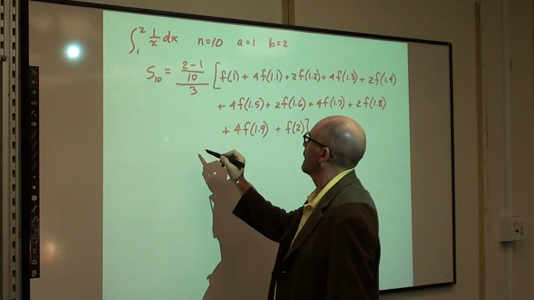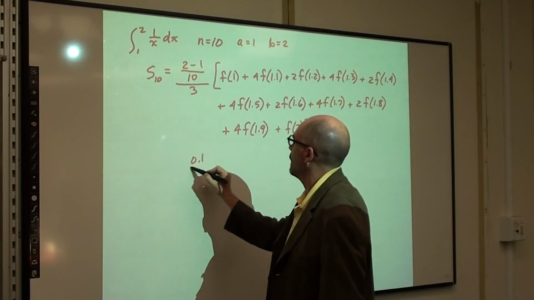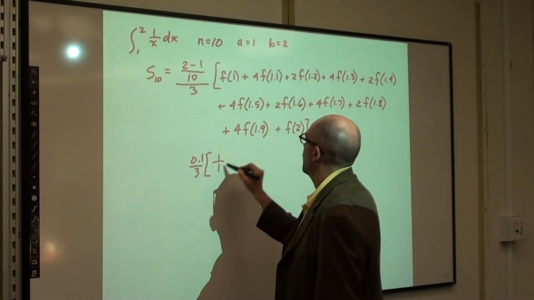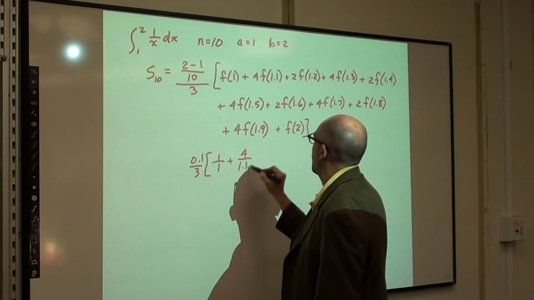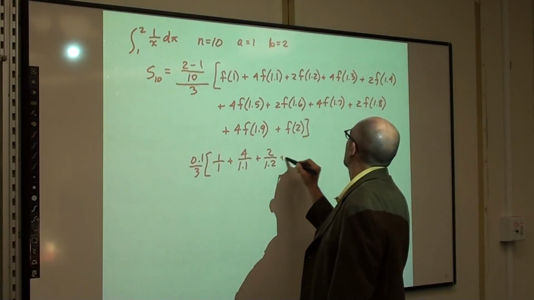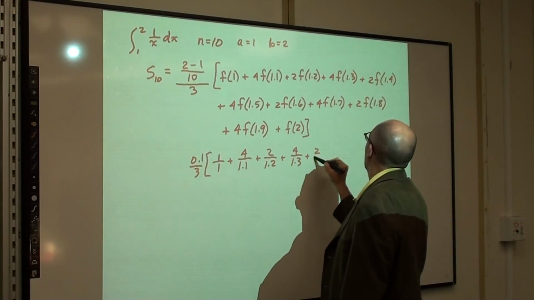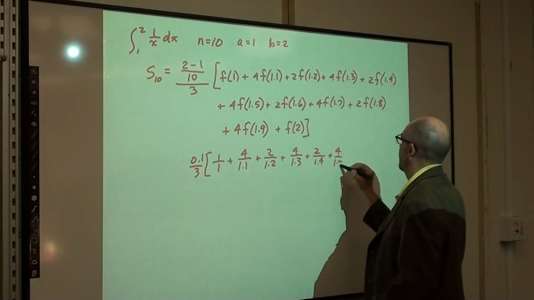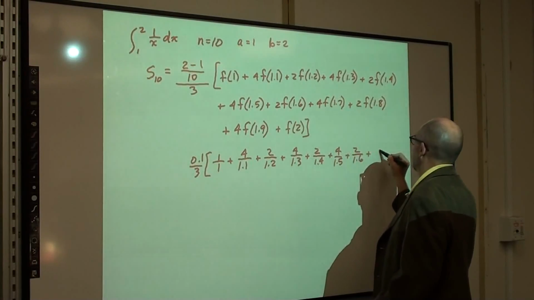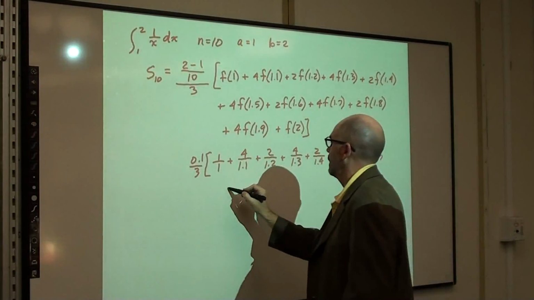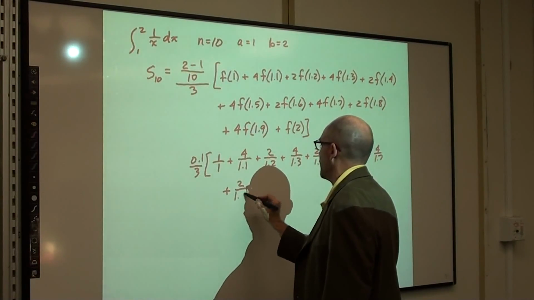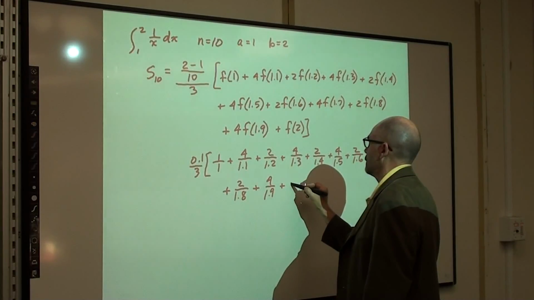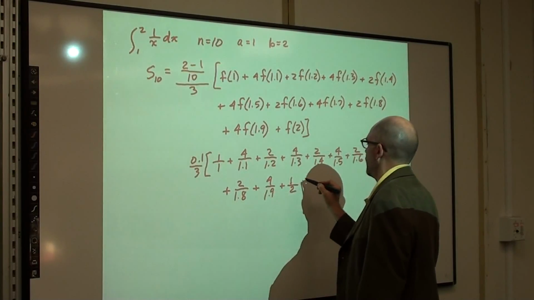So 0.1 over 3 times f of 1, so we've got 1 over 1 plus 4 over 1.1 plus 2 over 1.2 plus 4 over 1.3 plus 2 over 1.4 plus 4 over 1.5 plus 2 over 1.6 plus 4 over 1.7 plus 2 over 1.8 plus 4 over 1.9 plus 1 over 2.0.